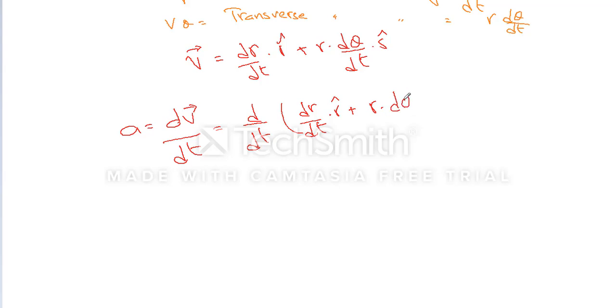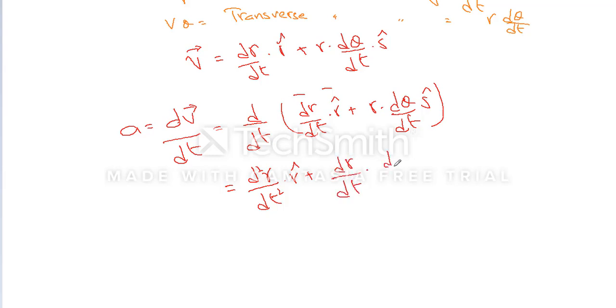Now these are two terms, so first take the derivative of the first term and let the second stay as it is, then let the first stay as it is and take the derivative of the second one.